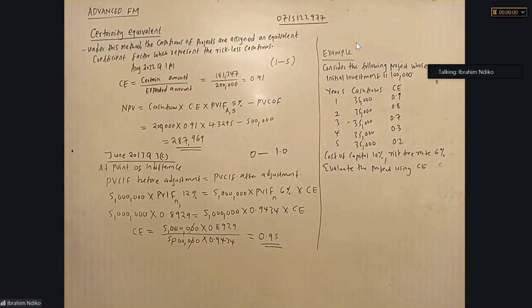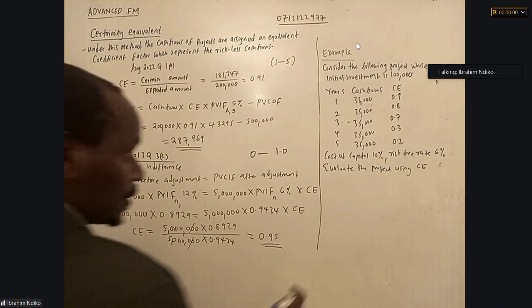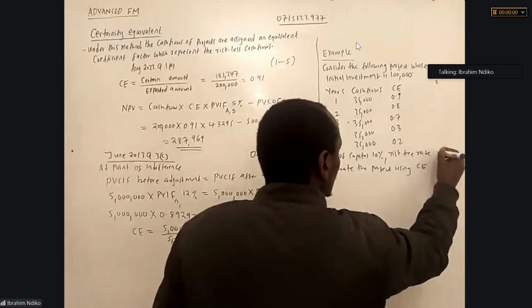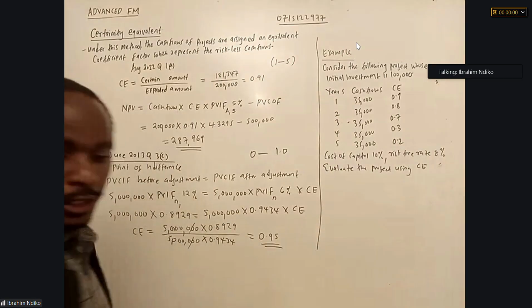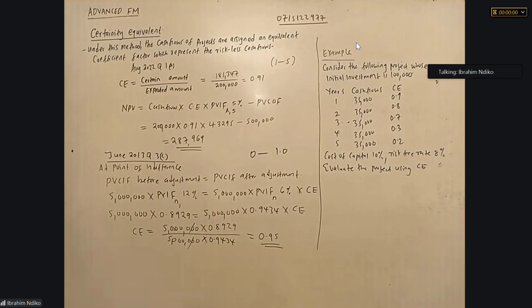So you are supposed to evaluate the project using the certainty equivalent. Uko sawa? Yes. So remember when we were talking about certainty equivalent, we usually use the risk-free rate. Uko sawa? Yes.